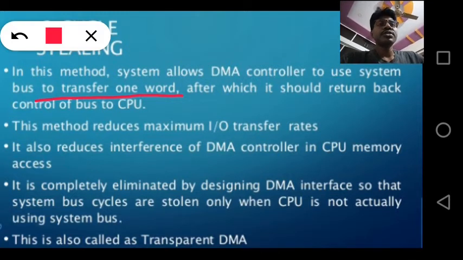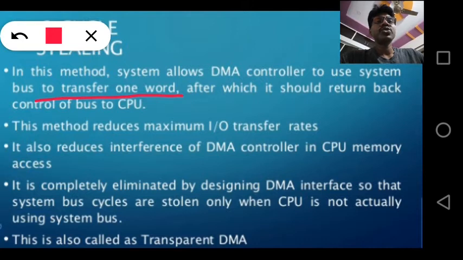This method reduces maximum IO transfer rates. It also reduces interference of DMA control in CPU memory access. So the CPU cannot sit idle for a longer period. This is eliminated completely by designing the DMA interface so that system bus cycles are stolen only when the CPU is not actually using the system bus. This is called transparent DMA.